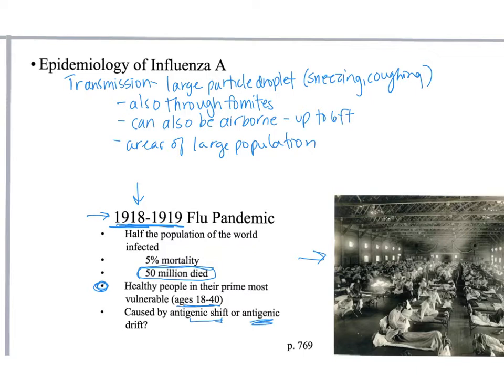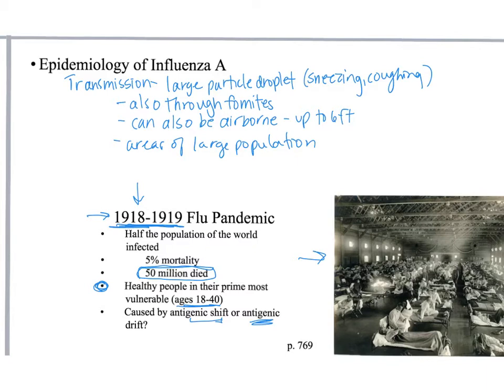Okay, so another pandemic like this is inevitable, and this is something that really has infectious disease specialists really worried, because we're not much better equipped now than what we were then. We have a little bit better public health measures in place. We've got some drugs to treat flu, but they're really not very good.